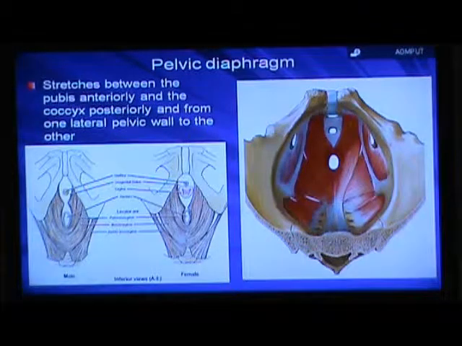The pelvic diaphragm stretches between the pubis anteriorly and the coccyx posteriorly, and from one lateral pelvic wall to the other. So here is the male pelvic diaphragm and the female.